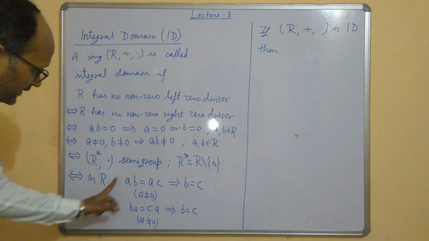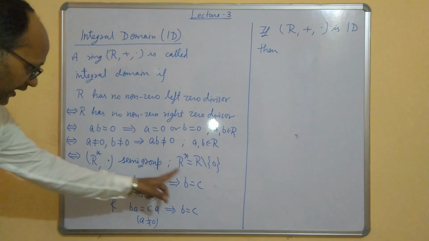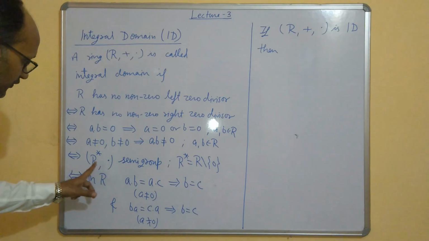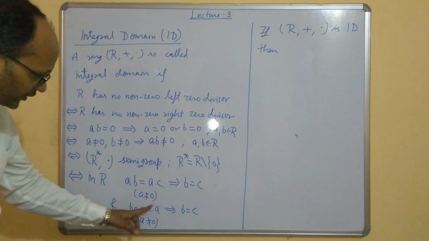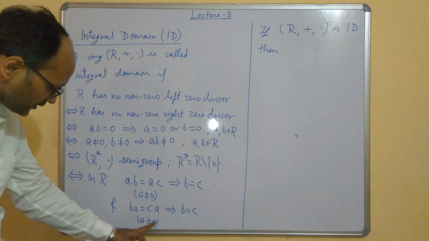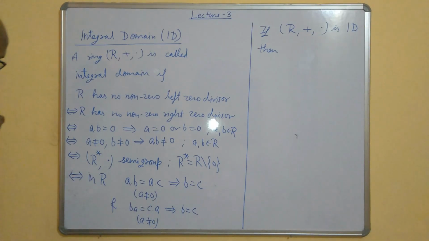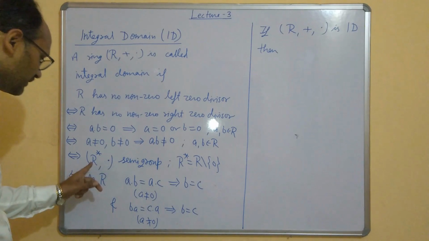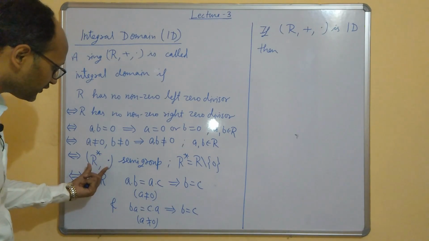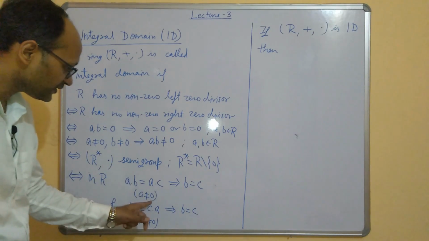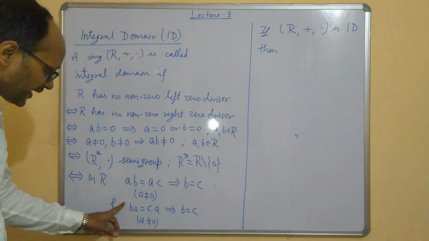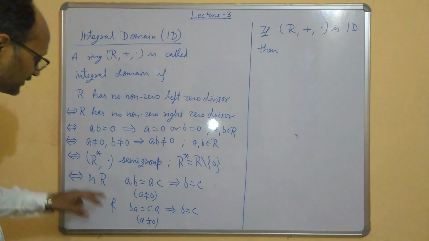Also, this identity is true in R. So if you see this identity in R star, you need not take that A is not equal to 0, because that is already in R star. This identity in R star is just the left cancellation law, and this identity in R star is just the right cancellation law.